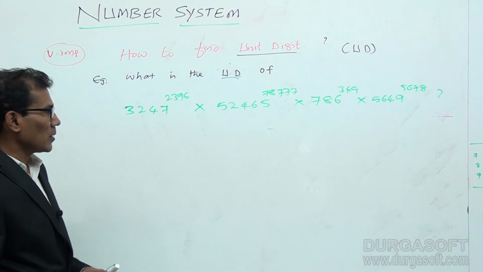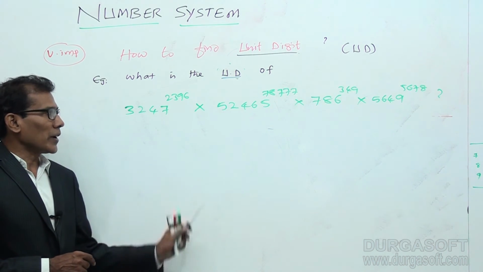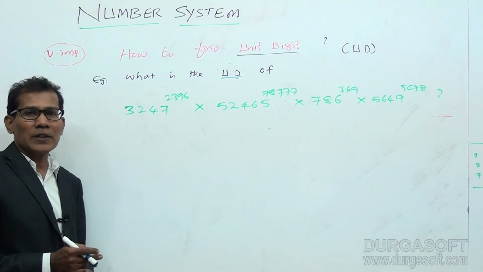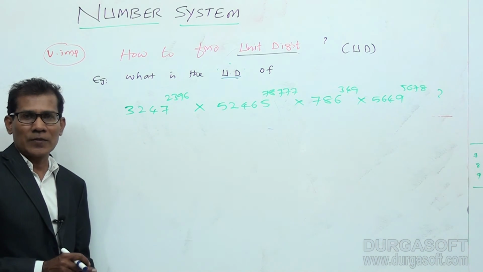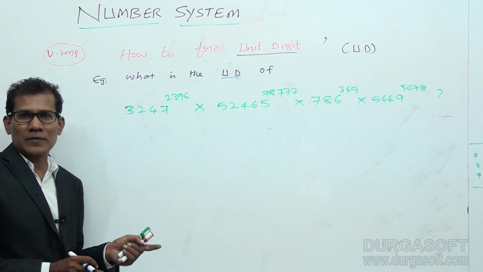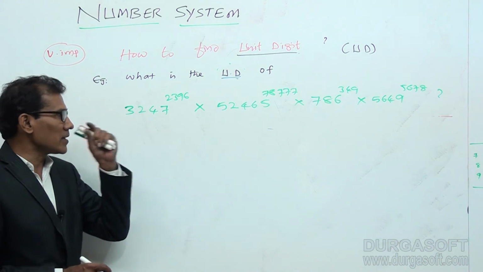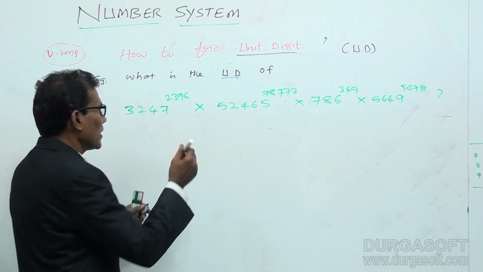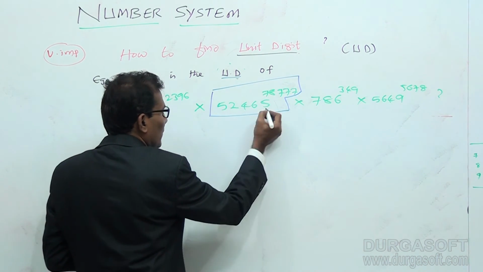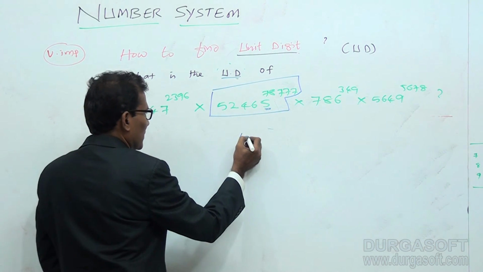Here, what is the logical approach? Let us see. As we know, to find out the unit digit of any power format, if the unit digit of the base is 0 or 1 or 5 or 6, then the same unit digit of the base is going to be the unit digit for the given number. What are such cases in this question? Here we found only one number in which the unit digit is 5. So take the unit digit 5 here.